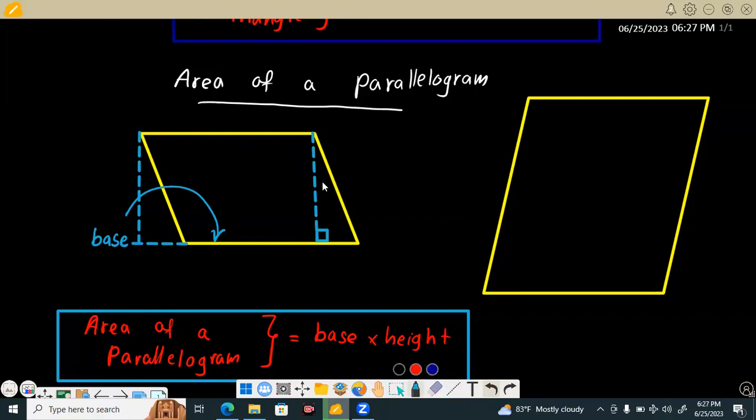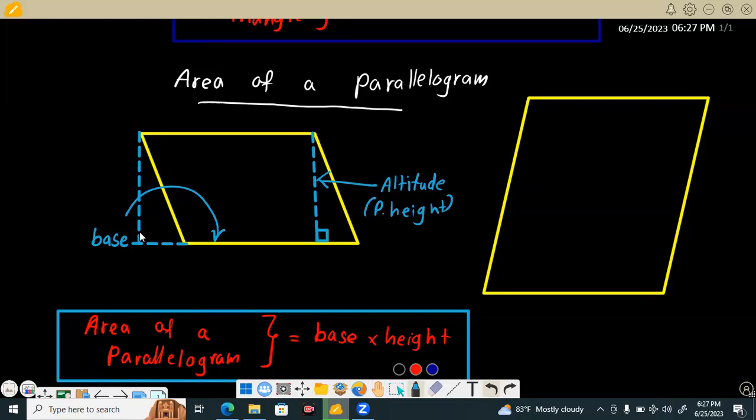Both values are same. That means both heights are same. So this is called perpendicular height, as we discussed in the previous case. Then to find the area of this parallelogram, you can use the length of this base and this altitude.